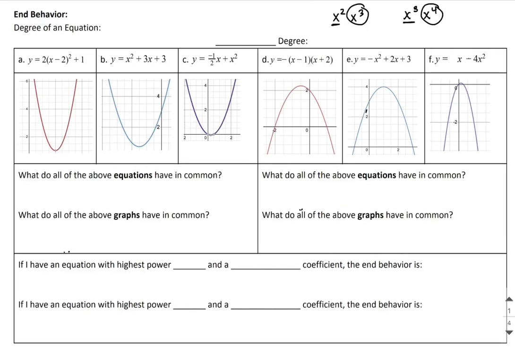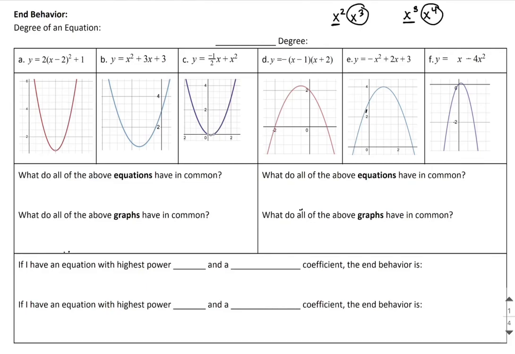They hold so much more value and power that they are going to control the polynomial. They're going to take the shape of that higher power.